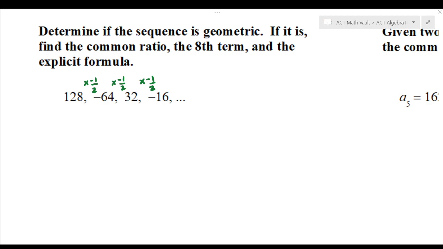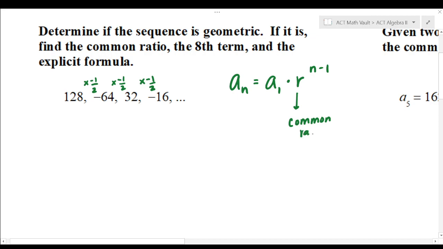And then it says, if it is, find the common ratio. We just did. So in the formula, a sub n, a subscript n, equals a sub 1, meaning first term, times r to the n minus 1. The common ratio is this number right here.